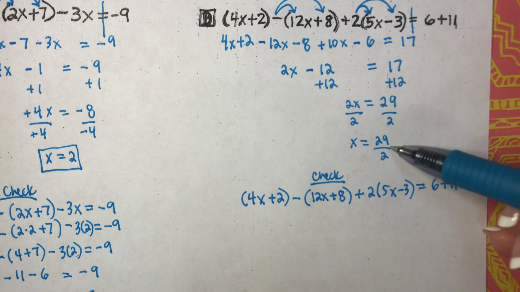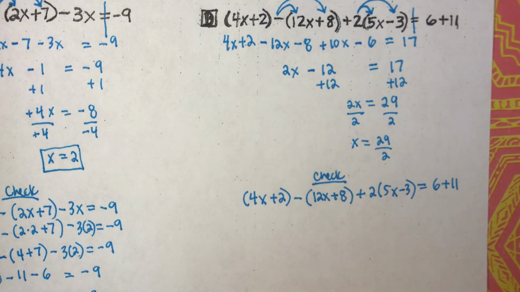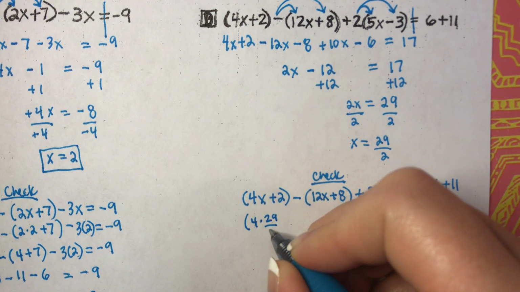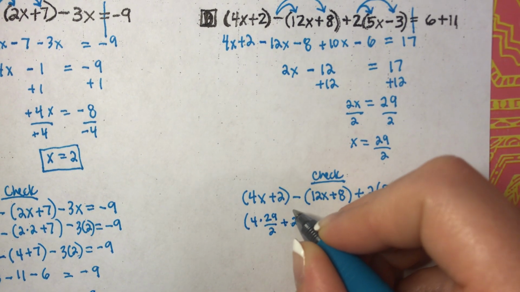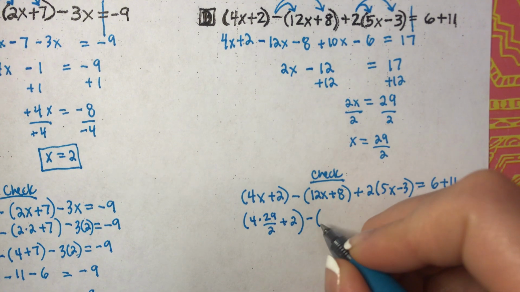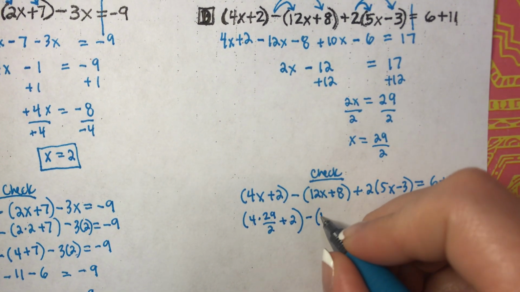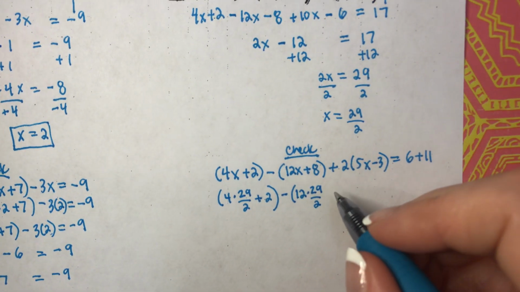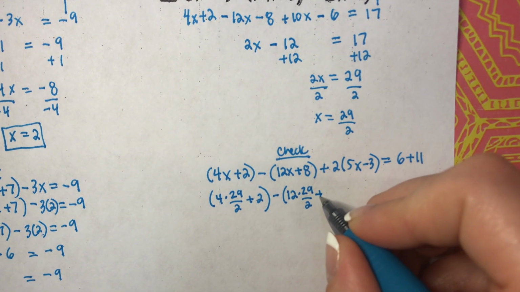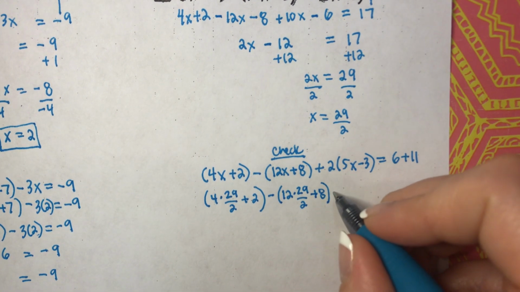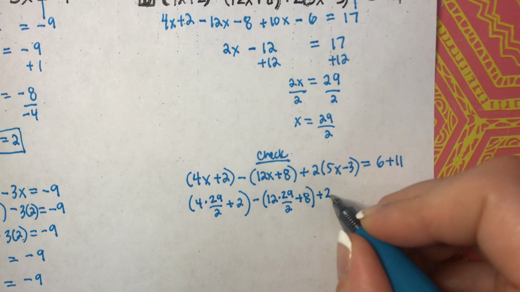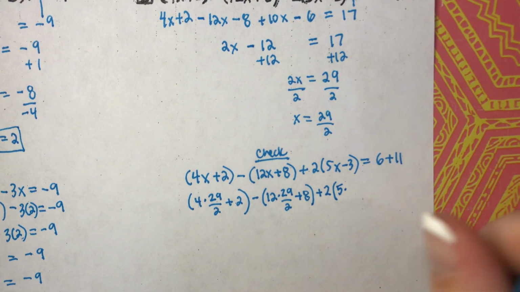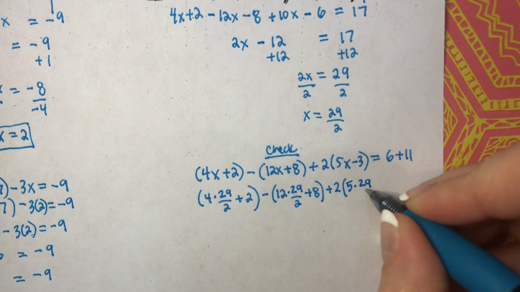So let's go ahead and substitute 29 over 2 in for x. Starting to worry I'm going to run out of space.